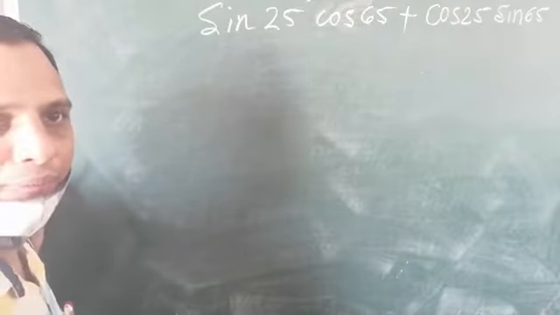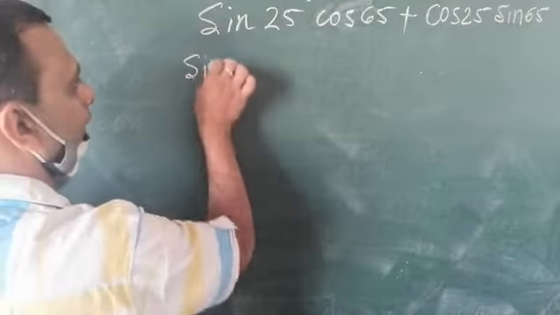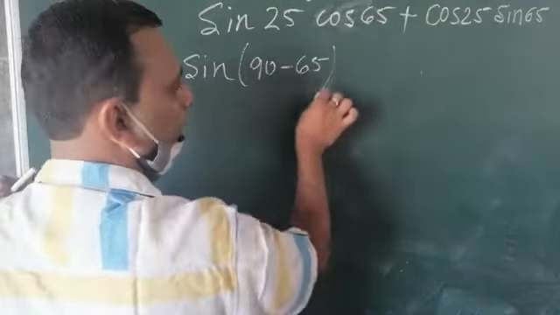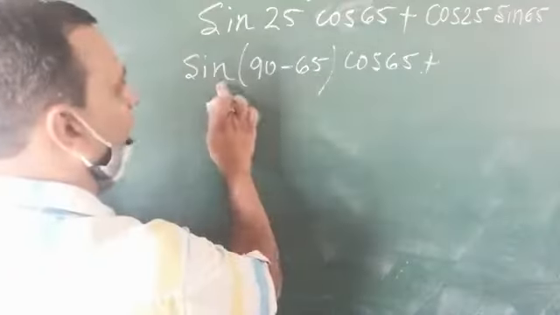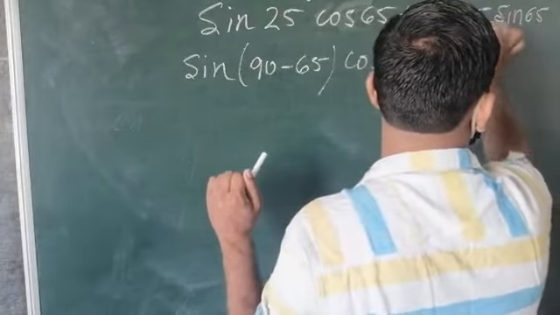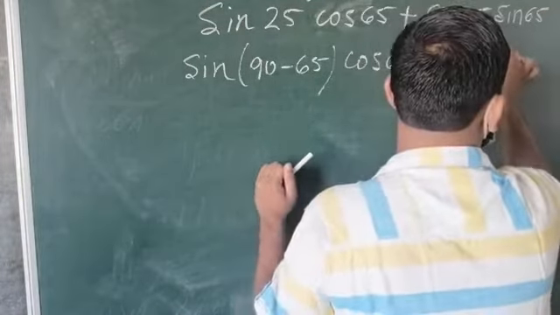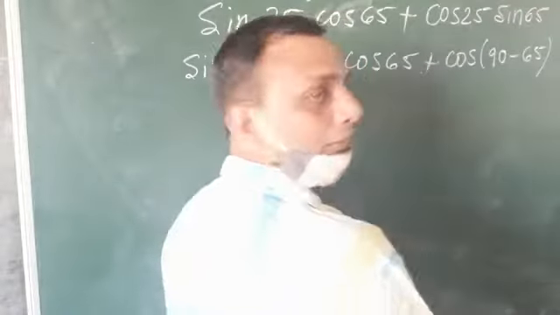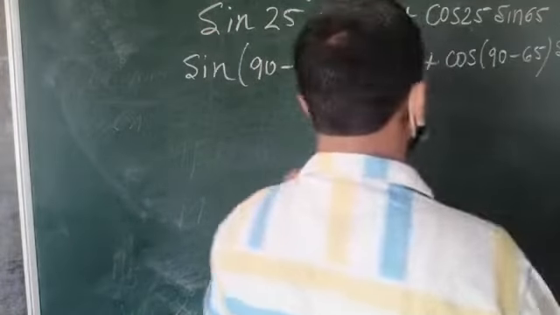Which number do you want to change? Sin. If I change the sin 25, I need 90 minus how much? 65. Here I will get cos 65. Then this needs no changing because sin 90 minus 65 will be equal to cos. Here you see cos 25. I need 65 here. Then what should I do? 90 minus 65. Here sin 65.